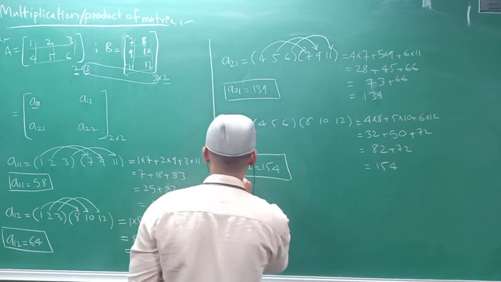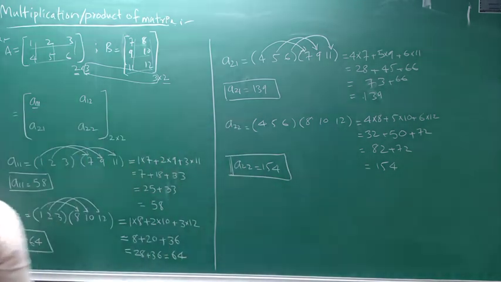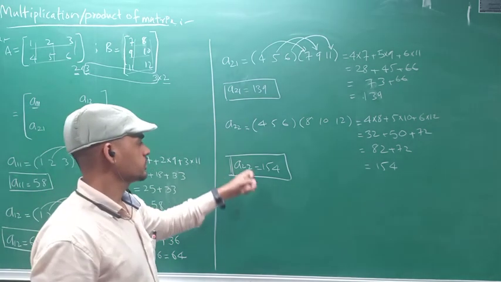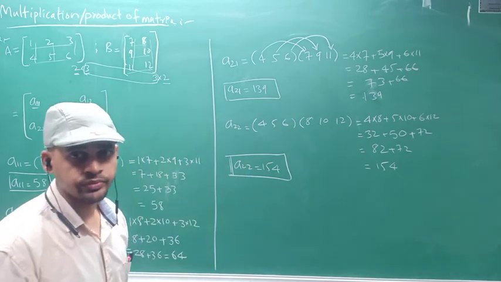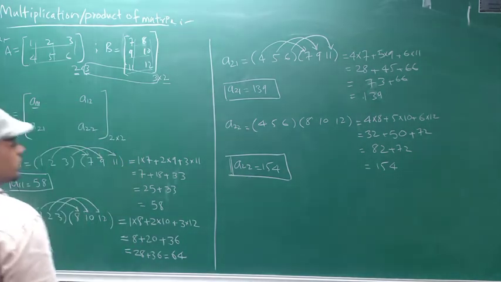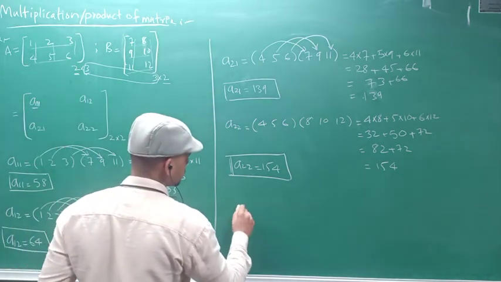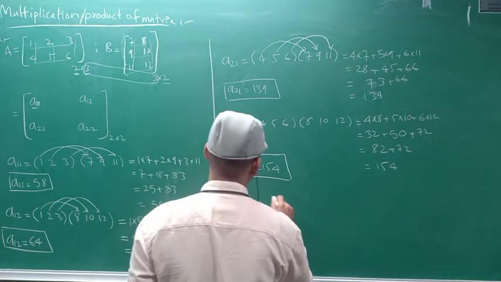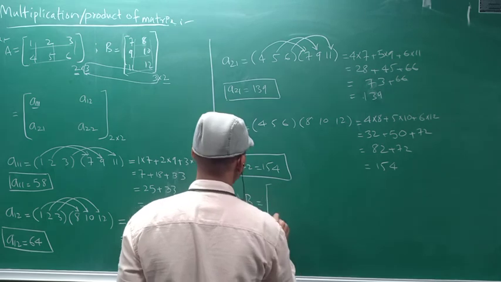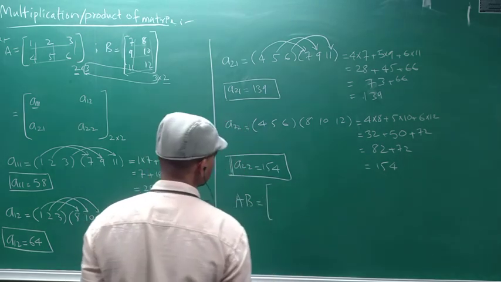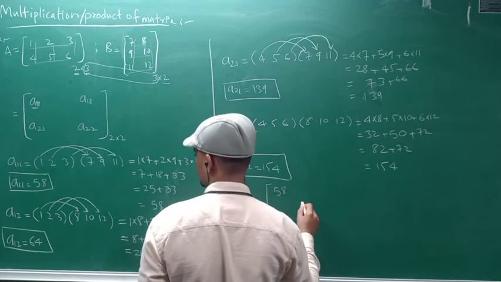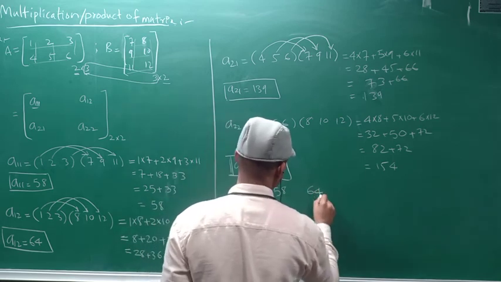So here we got 4 elements. First element A11, A12, A21 and then A22. So the product of the matrix is 58, 64.